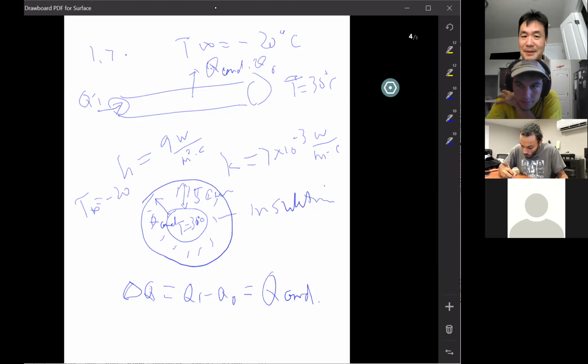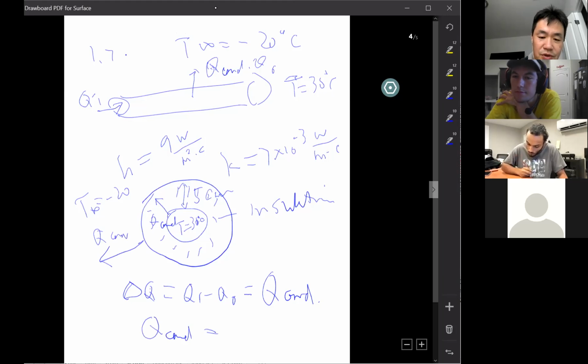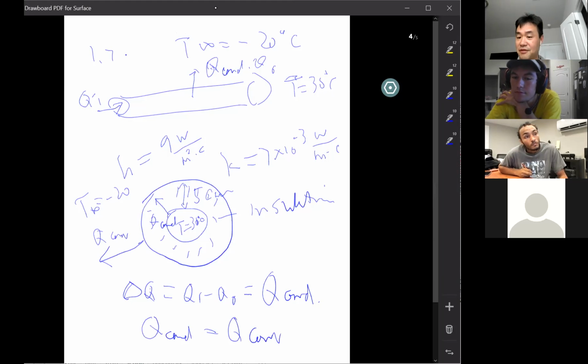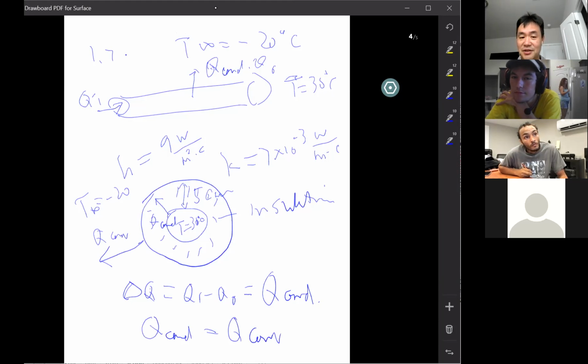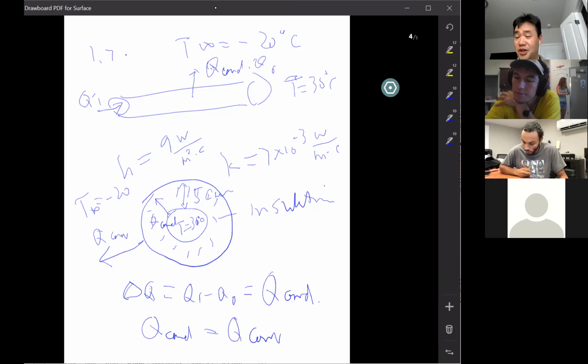But we have an additional condition: from the outer surface to the air you have Q convection. So we have one additional equation, Q conduction equals Q convection. One more equation, one more unknown you can solve for.